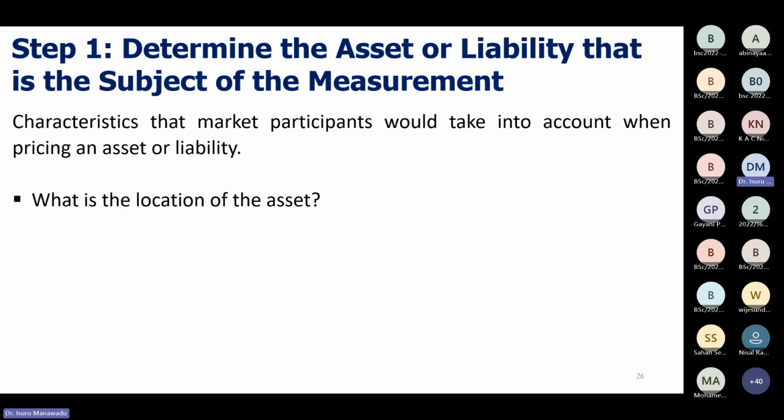Determine the asset or liability that is subject to measurement. Now you know it can be land, it can be a motor vehicle, it can be buildings. So we need to measure it at fair value. We need to follow the steps.